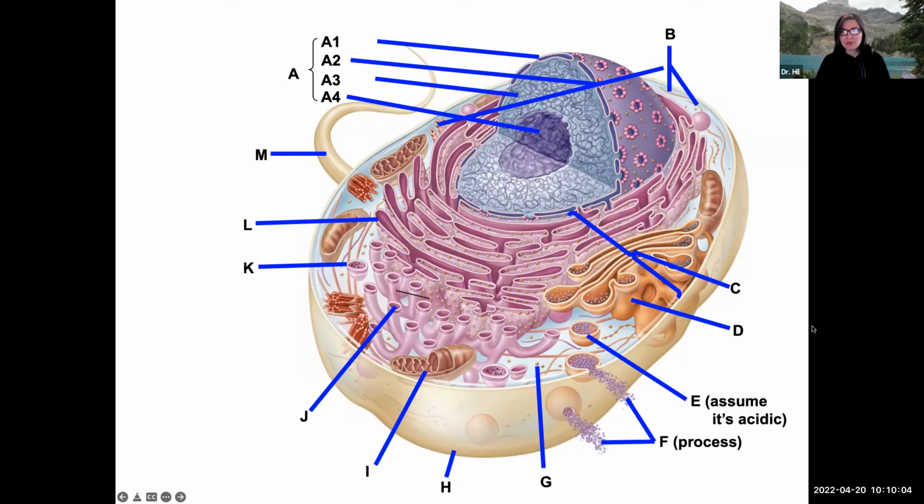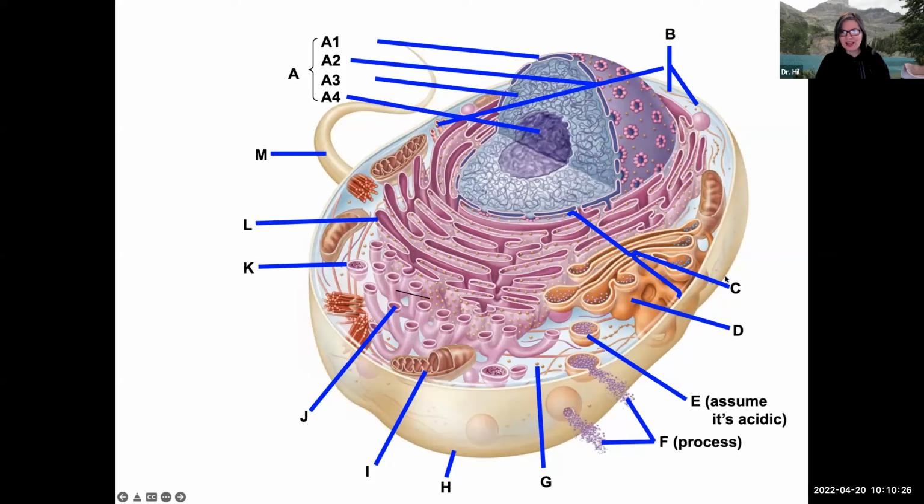Do you have a guess that you want to put in the chat? If you want to pass, that's also fine. Plasma membrane, yes. All right, now we have I. For I, I'm going to ask Lanisa. Is that a mitochondria? It is a mitochondrion.